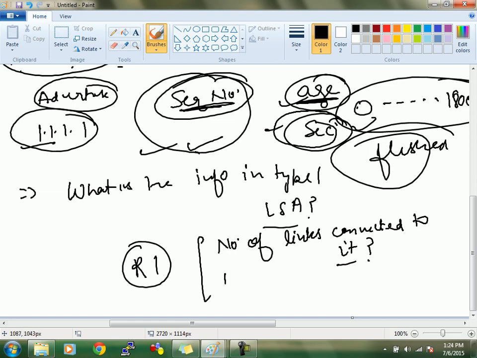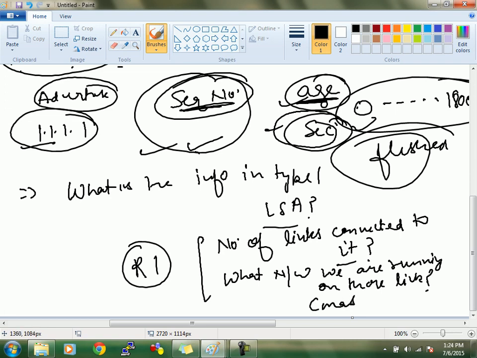Second point is the network, and what is the mask? Three things. Repeat the three things. Number of links, the networks we are running on those links, the mask.